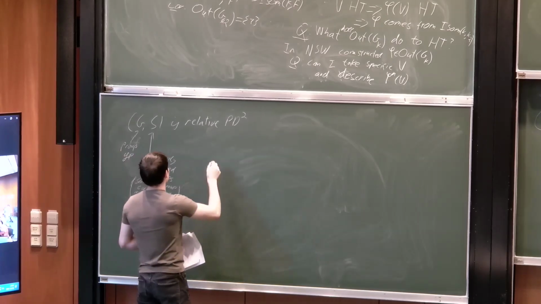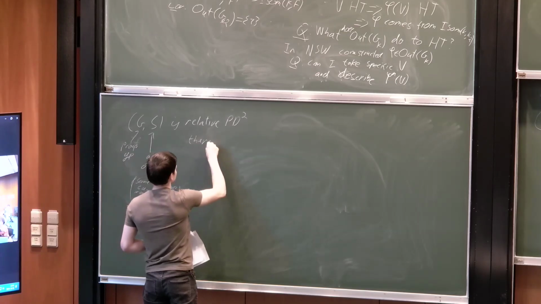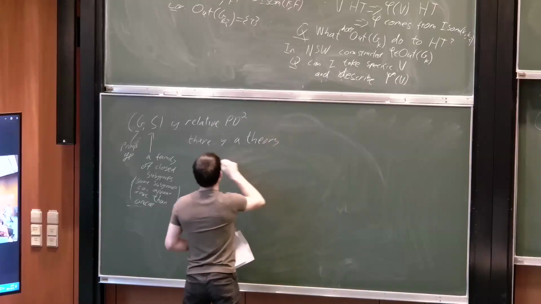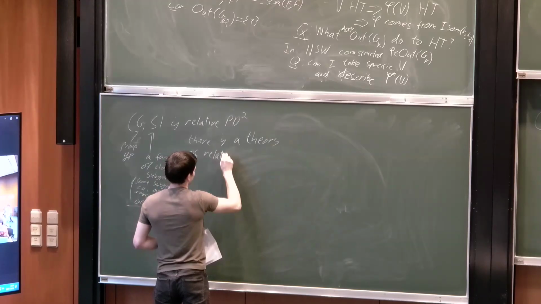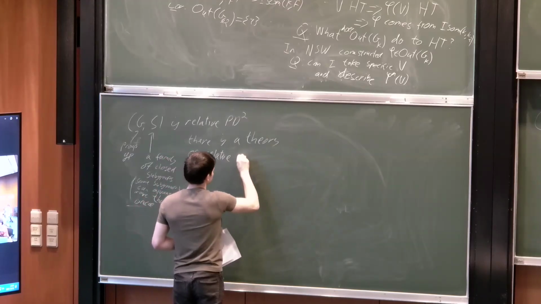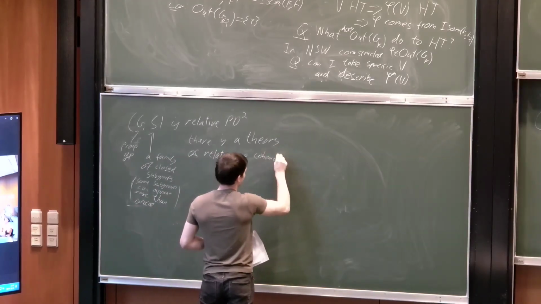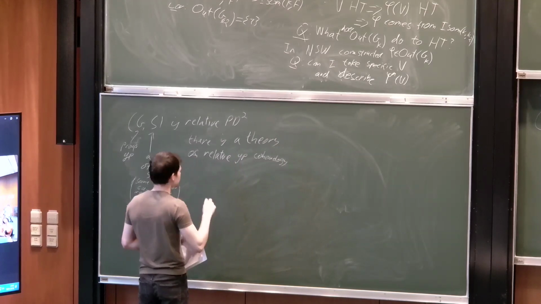And so there exists a theory of relative group cohomology, and also of relative group cohomology for pro-p groups.